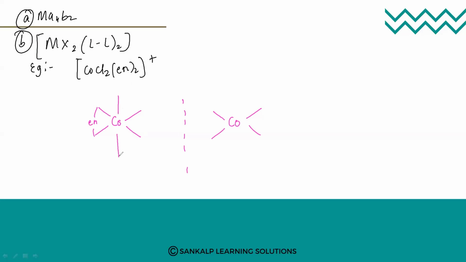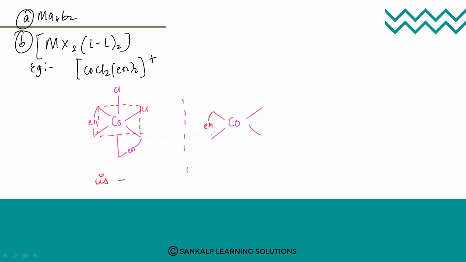So now beside this, again ethylene diamine, here 1 Cl, here 1 Cl. So what is this? This is a cis form, because all are adjacent to each other.